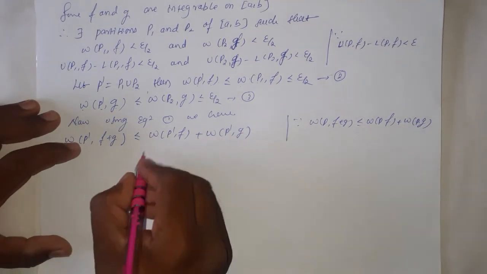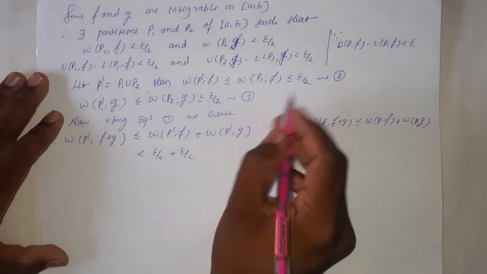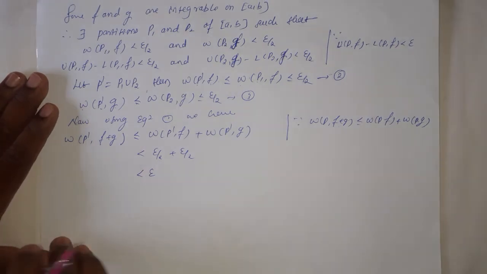Now here these two are less than epsilon by 2 plus epsilon by 2 by using equations 2 and 3. So therefore this one is less than epsilon.